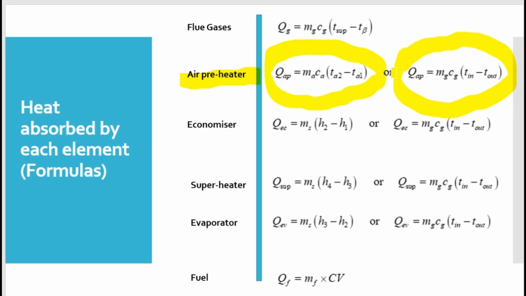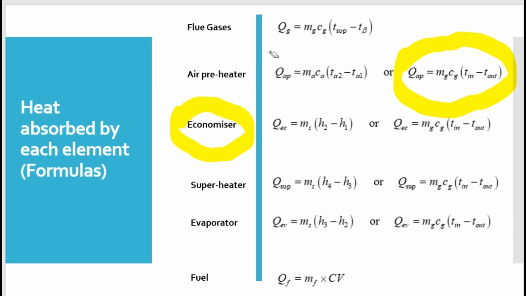Where mg is the mass of the flue gases, Cg is the specific heat capacity of the flue gases, T in is the temperature that enters the preheater, T out is the temperature that leaves the preheater, the temperature of the flue gases. The second component is an economizer.